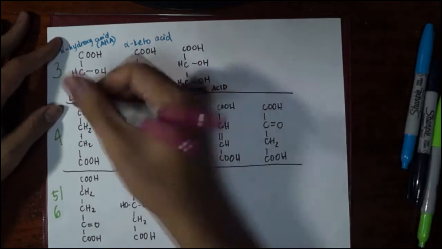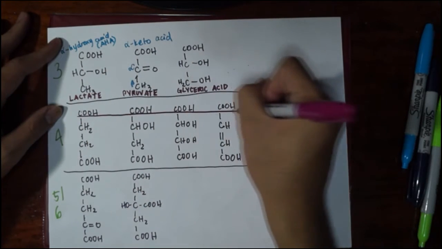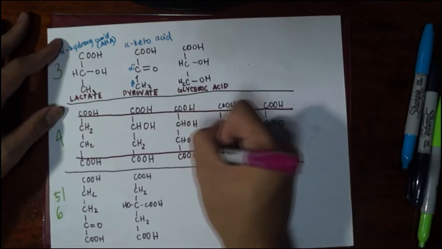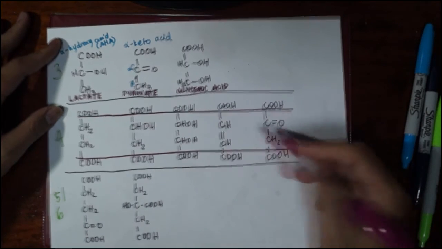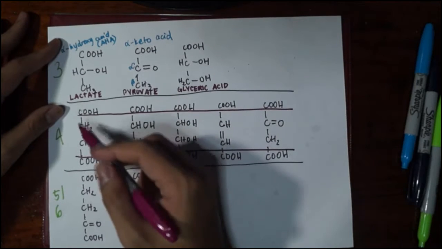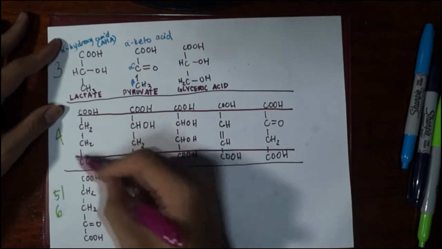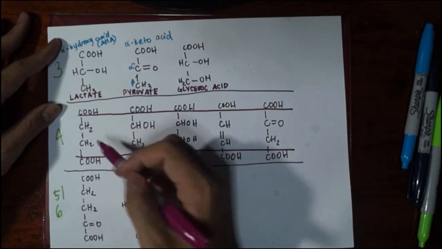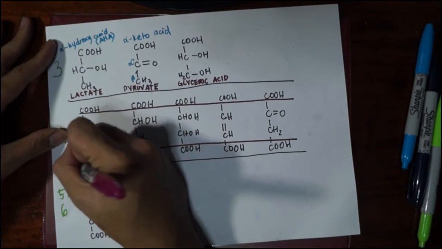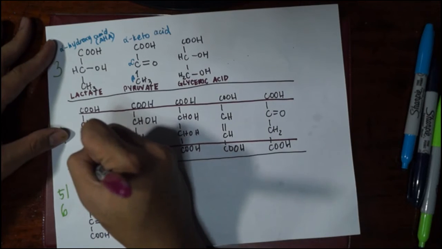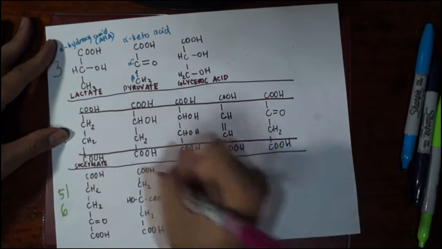We know that the COOH terminal groups do not change, so the only thing that's differing are the 2 carbons inside. Here, if you have nothing really in the middle, just carbons and hydrogens, the name of this 4 carbon acid is succinic acid, or succinate.